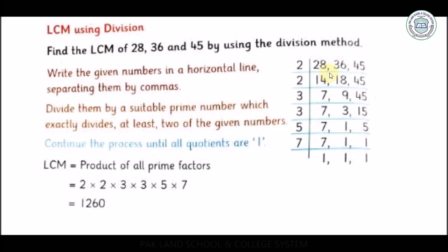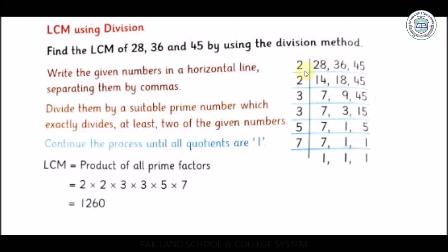Divide them by a suitable prime number which exactly divides at least 2 of the given numbers. For example, we have 2 which divides 28 and 36.